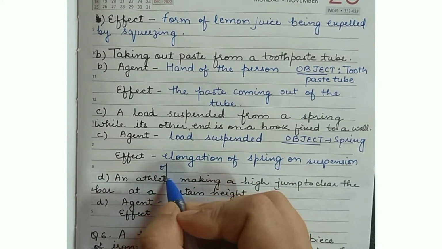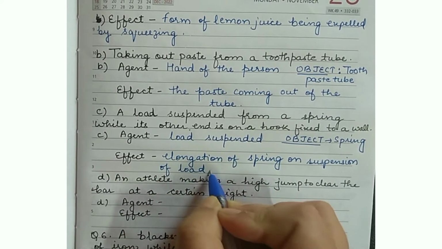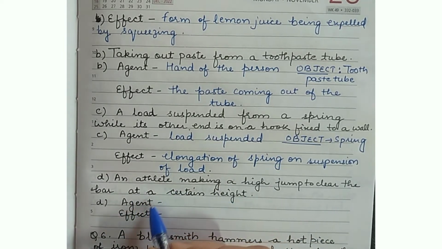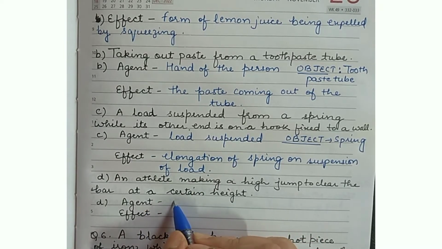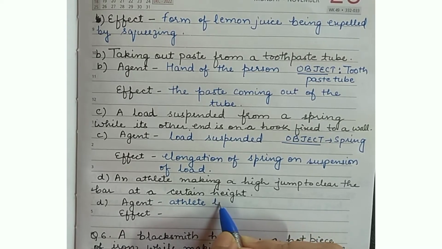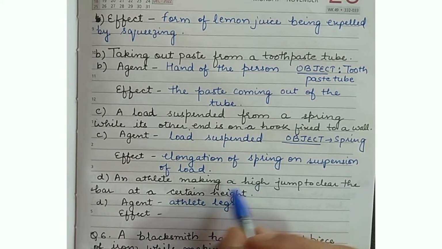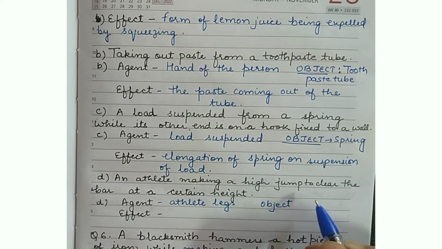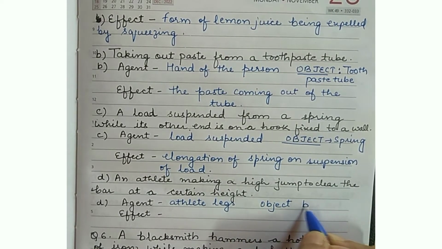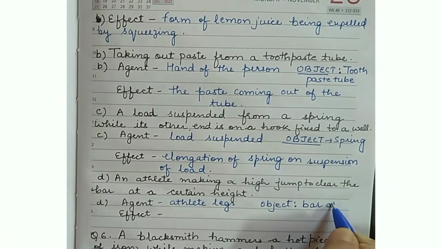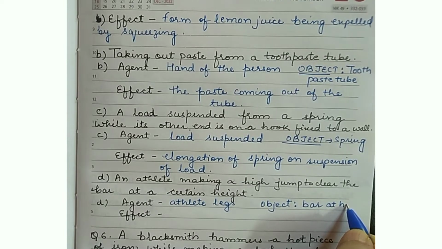On suspension of load. An athlete making a high jump to clear the bar at a certain height. Now here agent is athlete's limbs. Okay, then object is the bar from where he has to jump, bar at height.